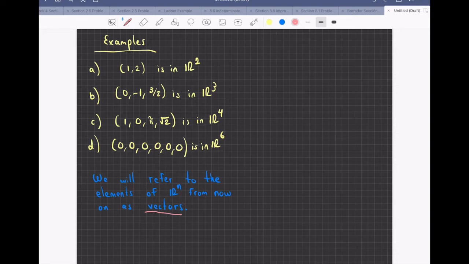The vectors can be represented like this as a column: x1, x2, ..., xn, or as one row: x1, x2, and so on.